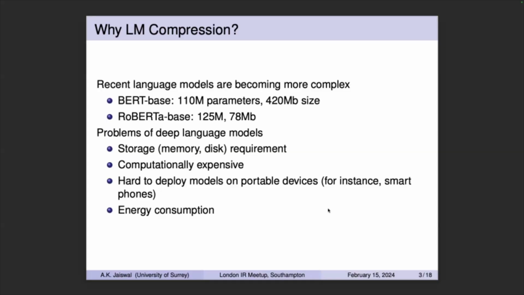What are the key issues in these big language models? Basically, they require a lot of computation, especially CPU, when you load them or when you have to keep artifacts like a fine-tuned version of your language model.